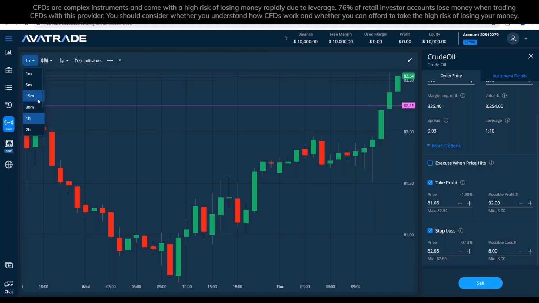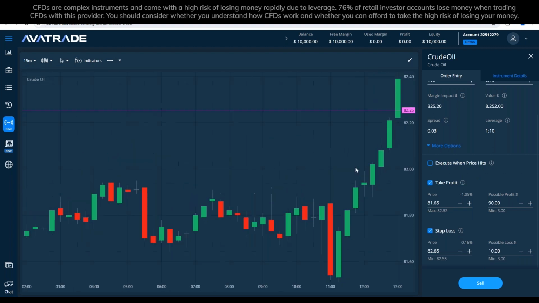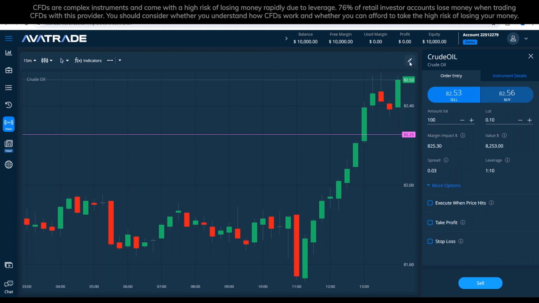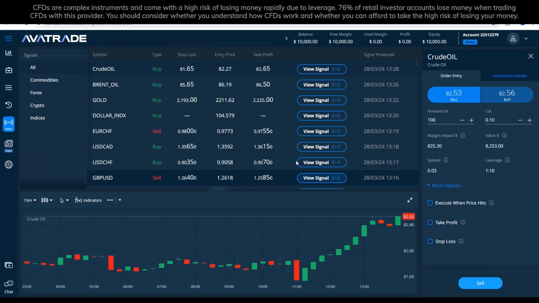Let's go even smaller time frame. Okay, but now it's not going to let us see. Anyway, the idea here is very simple. You can adjust the stop loss and the take profit on the go, but just make this comparison to know that it still makes sense.